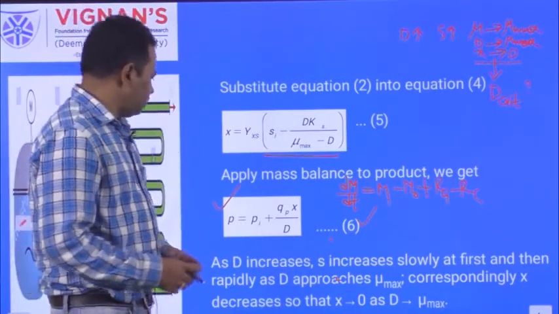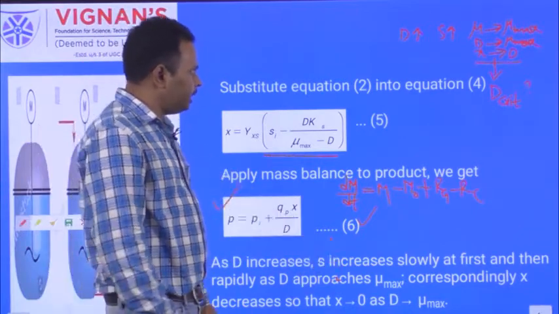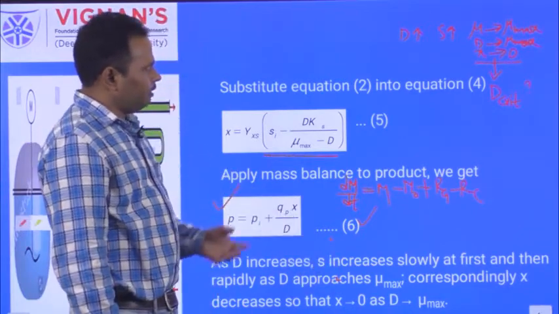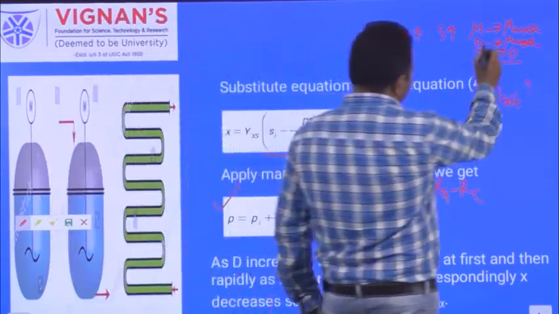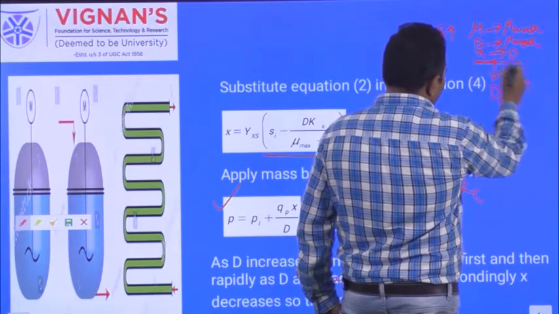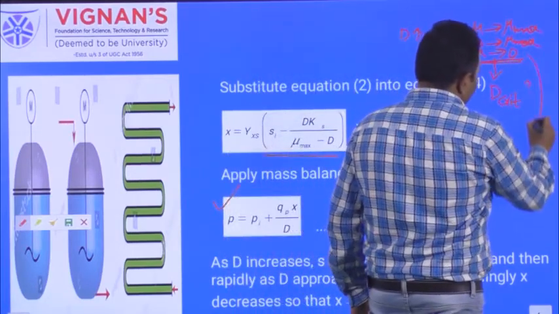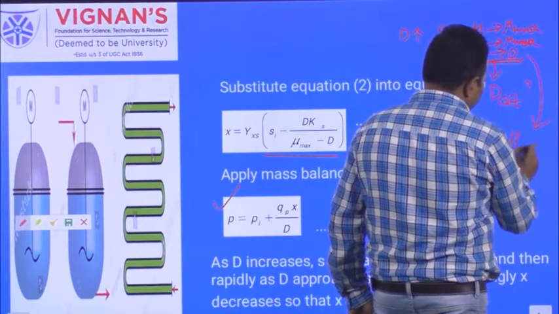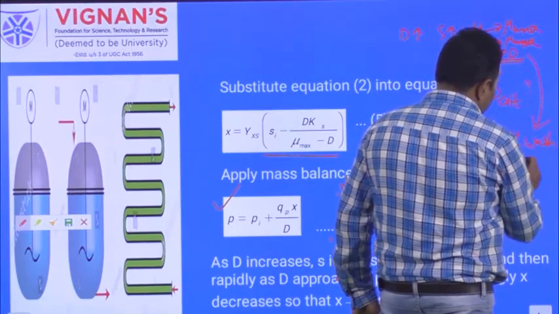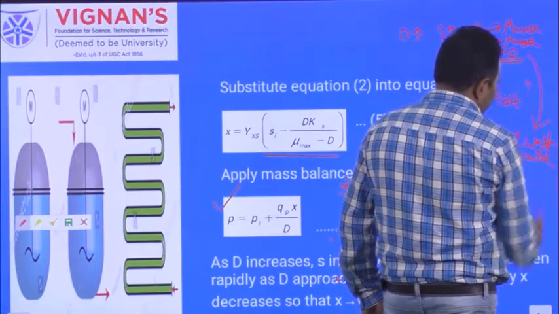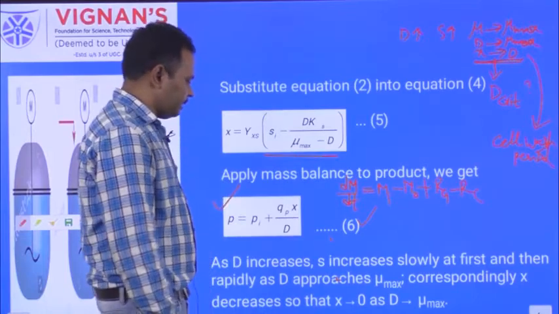So here, as D increases, S increases at first, and if we keep on increasing D, at one point mu tends to mu max. Since from equation 1 mu is equal to D, D tends to mu max. When D tends to mu max, X tends to 0. When X tends to 0, this condition is known as cell washout. At the cell washout period, the rate of cell removal is greater than the rate of cell generation.